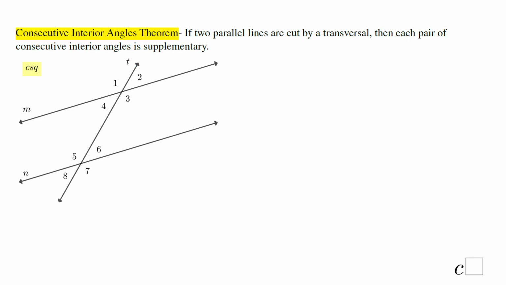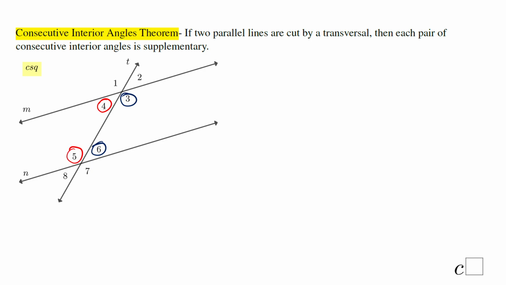And we're going to start with this first property of consecutive interior angles. Do you remember which one were the consecutive interior angles? If you remember, it was 3 and 6. And which one is the other one? 4 and 5. Very important to match them like that.